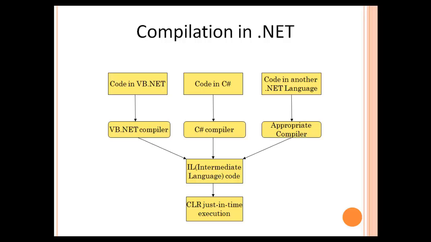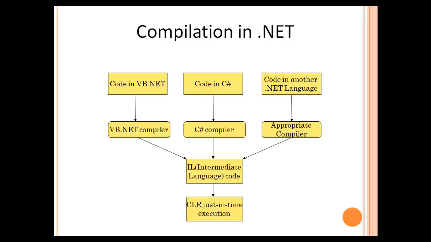Then the next step is that the CLR takes this intermediate language code and passes it to the JIT, that is the just-in-time compiler.